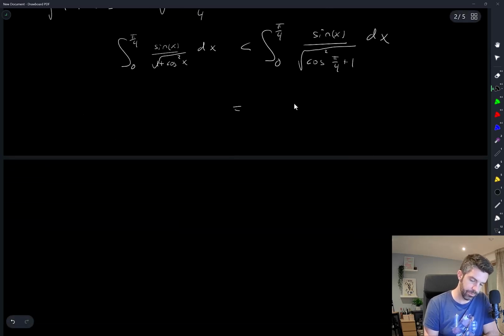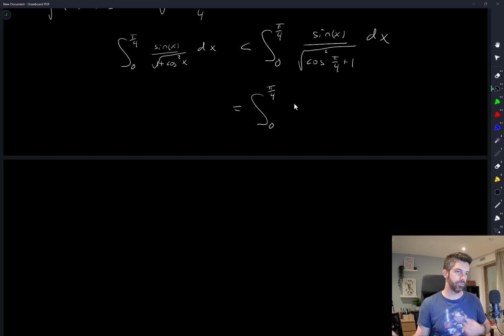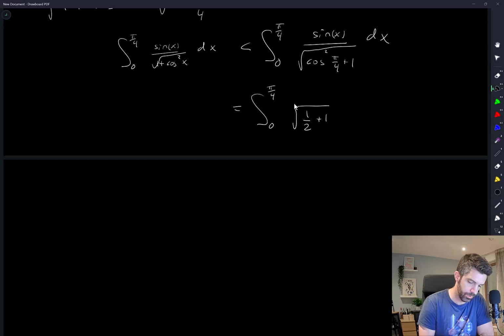And this is equal to, well, cosine of pi over 4 we just said is 1 over root 2. So this is 1 over the square root of 1 over 2 plus 1. We have sine x in the numerator dx.